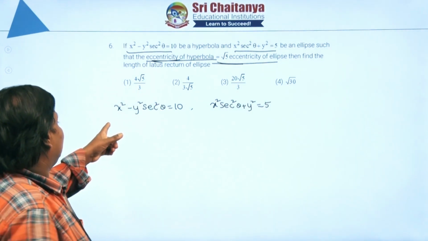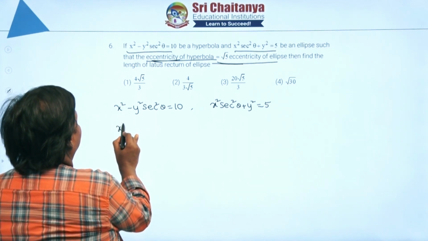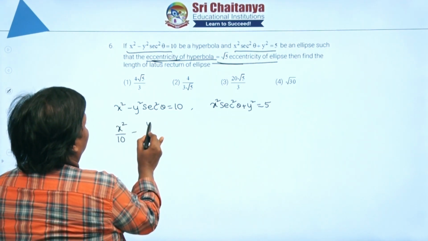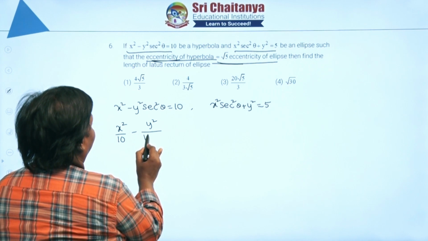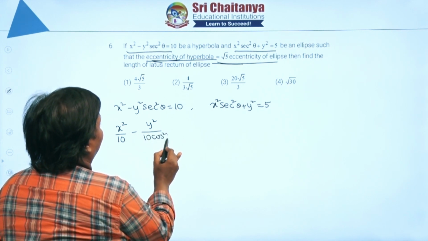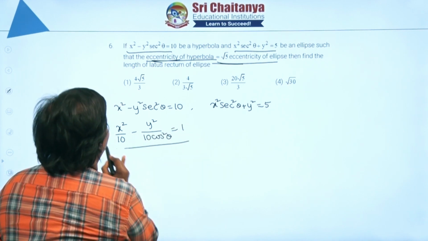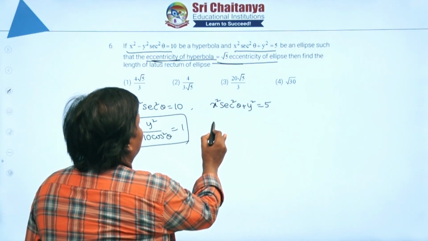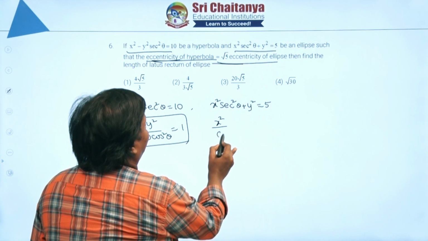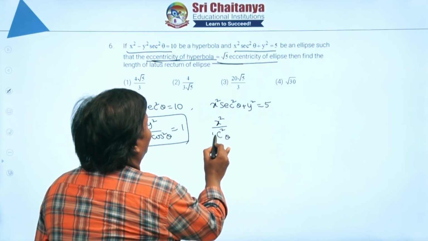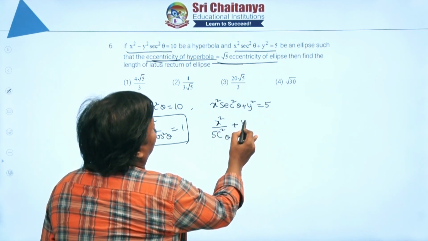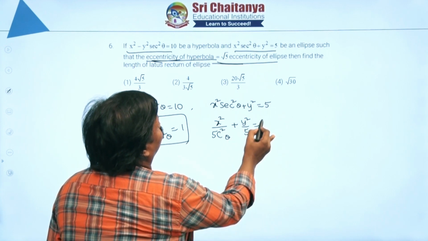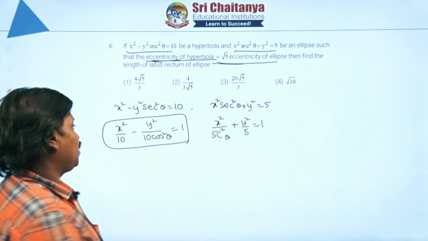So this I can write as x square by 10 minus y square by 10 cos square theta equals 1, which is the hyperbola standard form. And next, x square by 5 cos square theta plus y square by 5 equals 1. This is the ellipse equation.